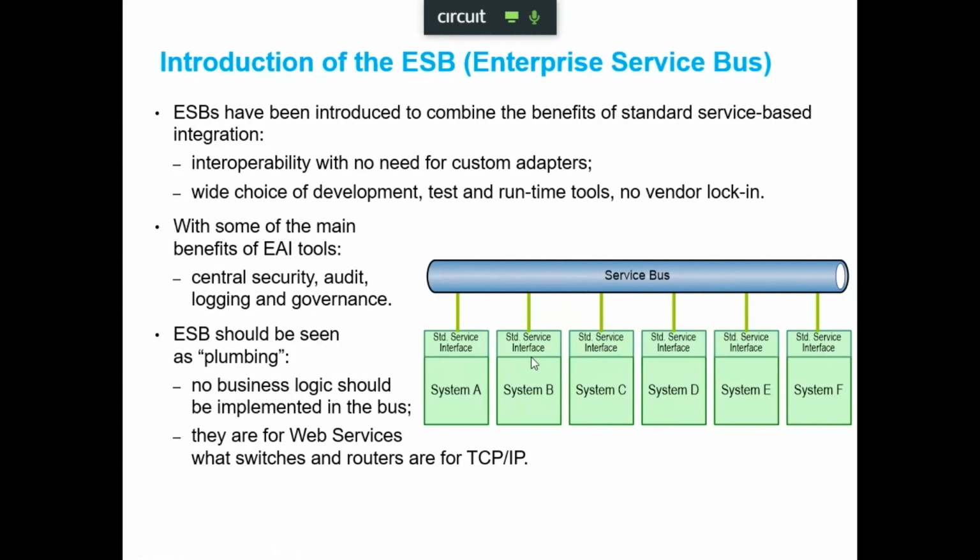So this system is going to talk with the bus, this system is going to talk with the bus, and they will communicate. This is how the ESB or enterprise service bus architecture came, and it gives you one type of pluggable architecture. Assume you want to connect with a switchboard: just connect the plug.